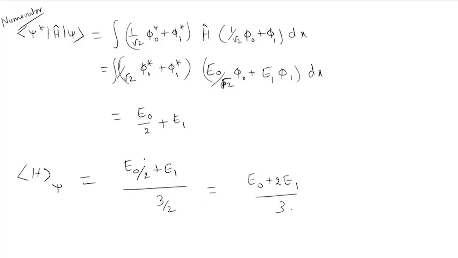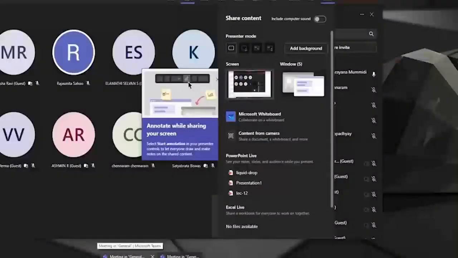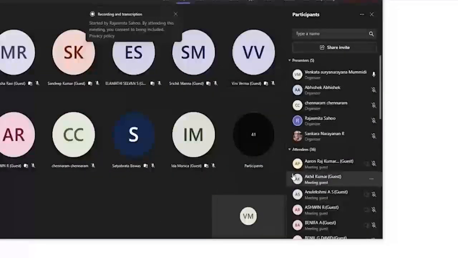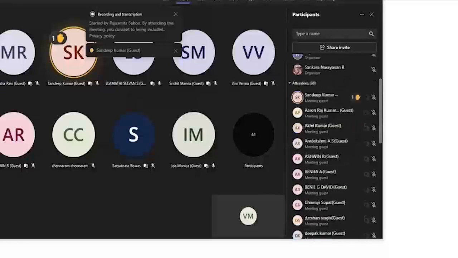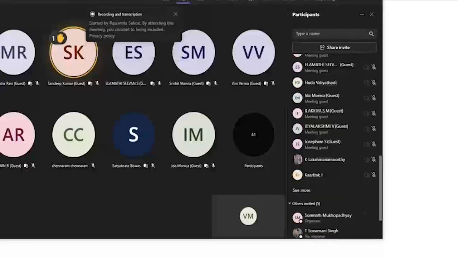Okay, how many of you know how to do this problem? Let us see. Can you raise your hands? Only 1 person.